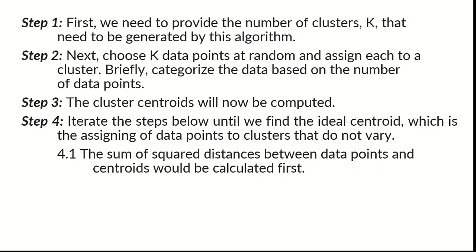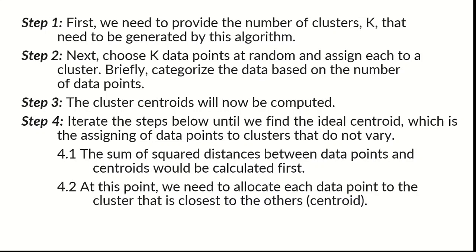So the sum of squared distance between data points and the centroids has to be checked. It should be close to each other. At this point, we need to allocate each data point to the cluster that is closest, that means the closest centroid.